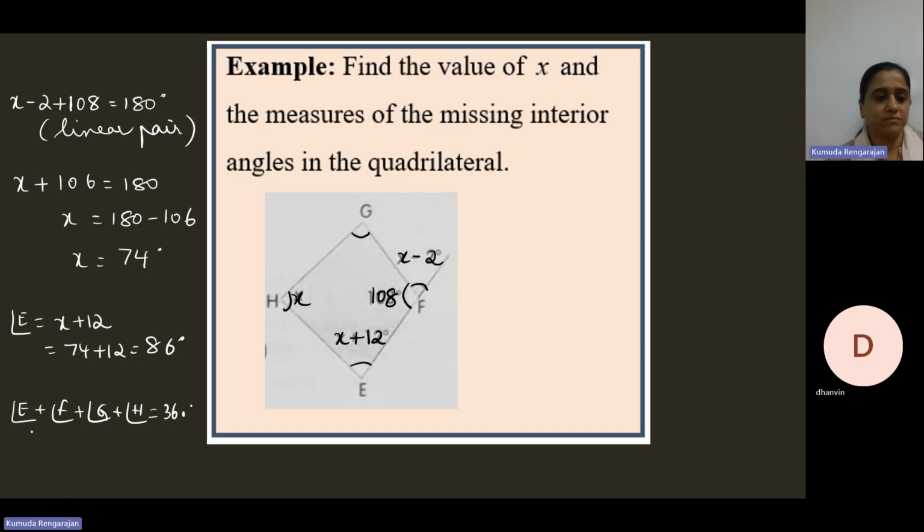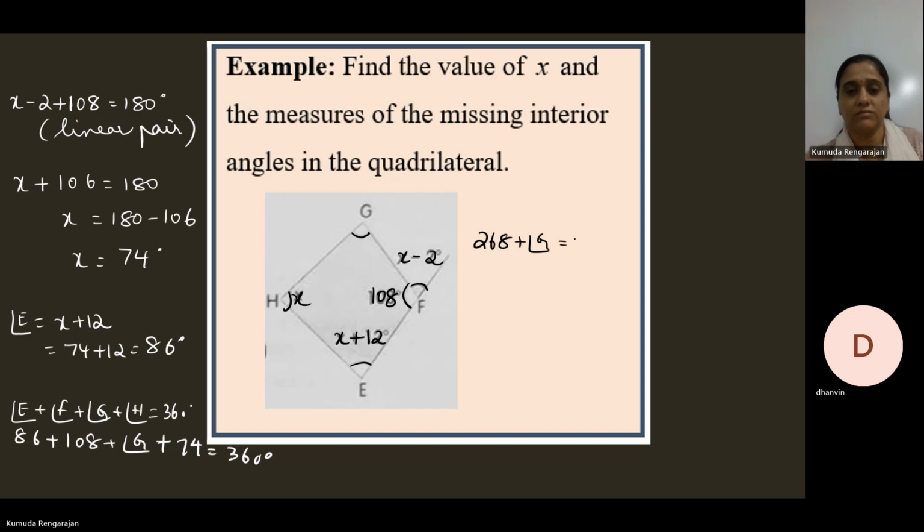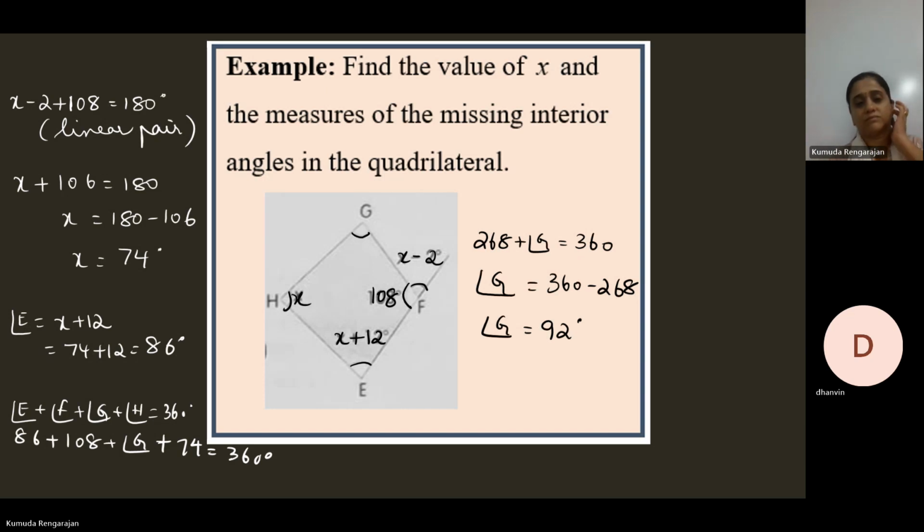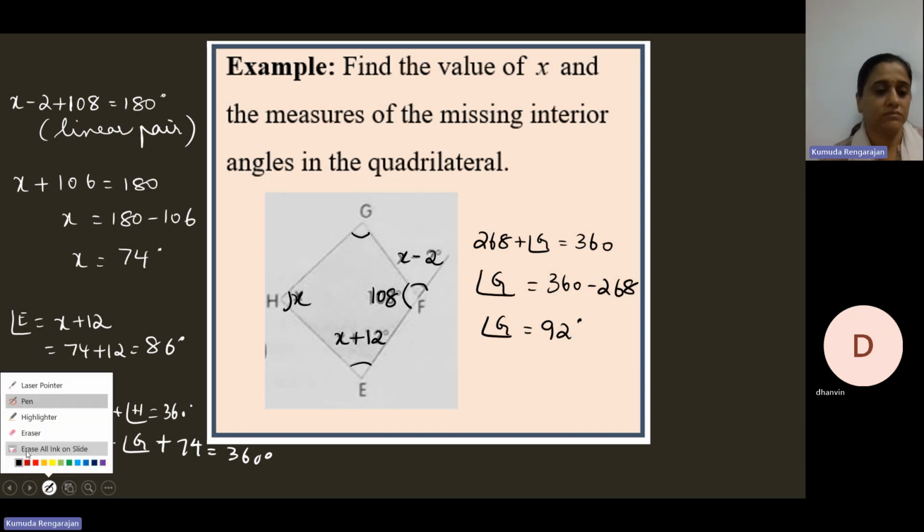Angle E is 86 plus 108 plus angle G plus 74 is equal to 360 degrees. Correct. Now solve and tell me. 268. Correct, 268. Then 90.